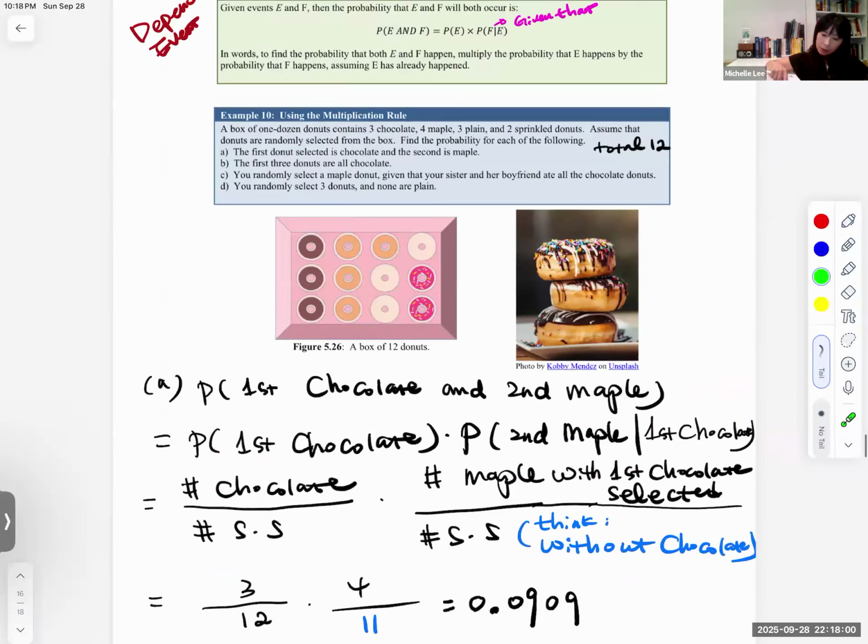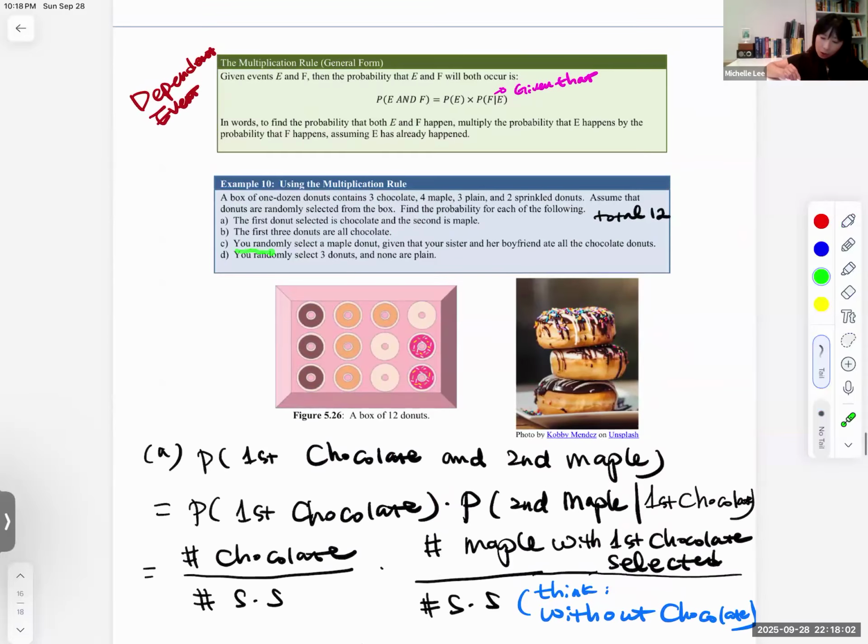C. So for C, you randomly select a maple donut given that your sister and her boyfriend ate all the chocolate donuts. All the chocolate donuts means there is no chocolate left.